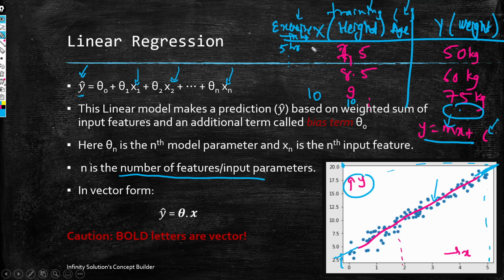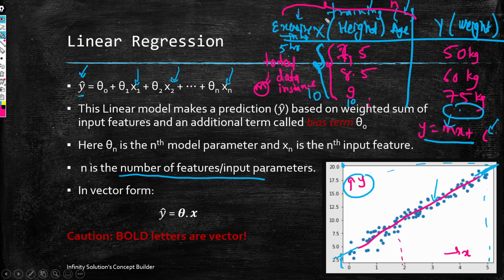But this one, let me change the color, is the total number of data points or data instances that we have, and we'll denote this as m. Let's say we have m data instances, and each instance will have n features, so this will be n.